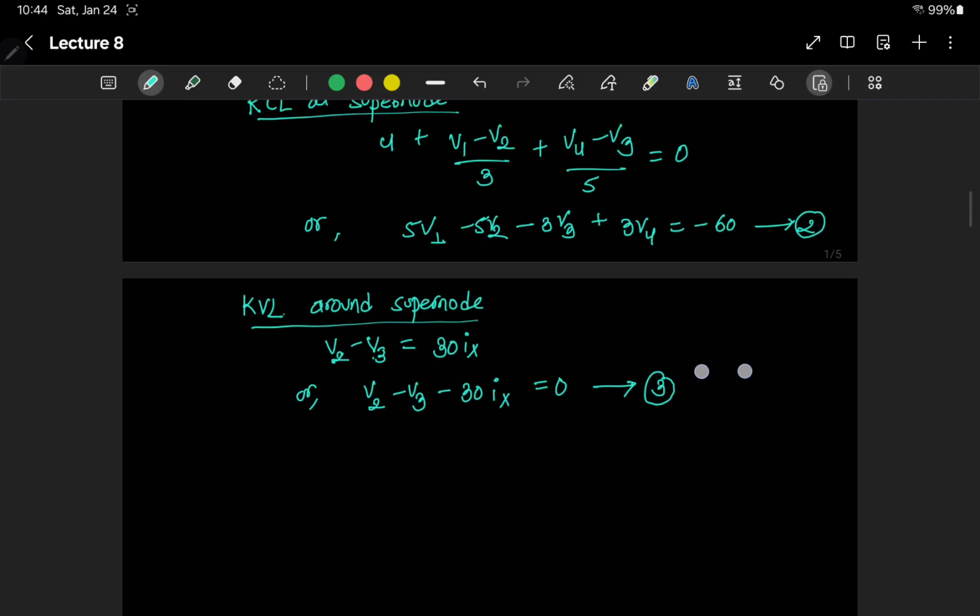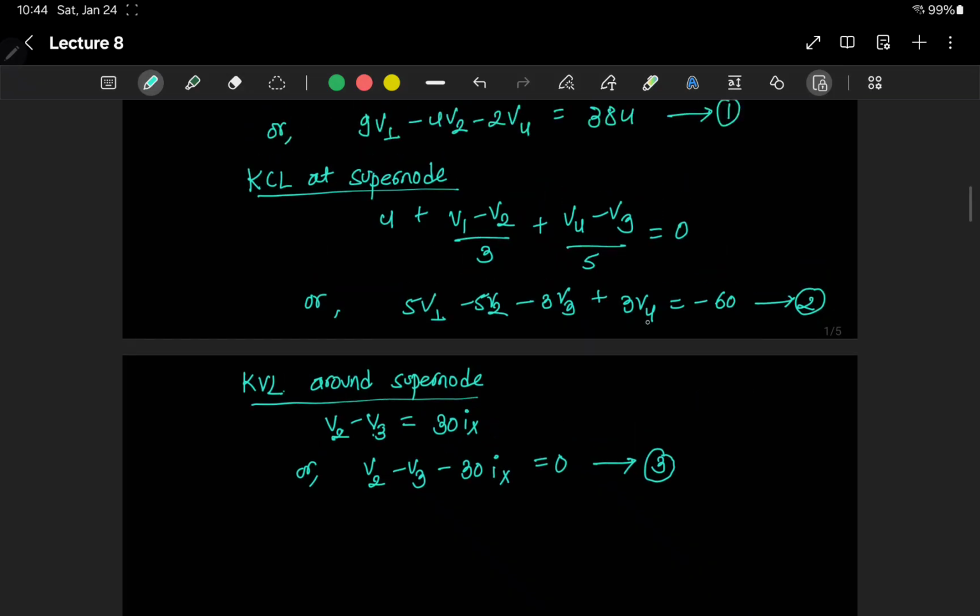Now if you realize here, we have V1 to V4, so 4 unknown variables. We have Ix, which makes the fifth unknown variable, but we only have 3 equations so far, so we cannot solve these 3 equations to get those 5 unknown values. So we need 2 more equations.